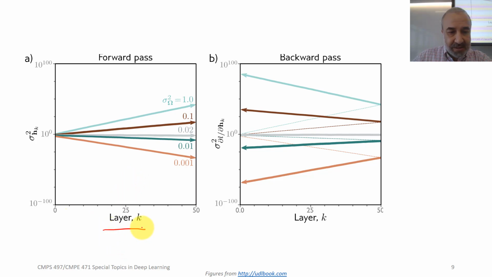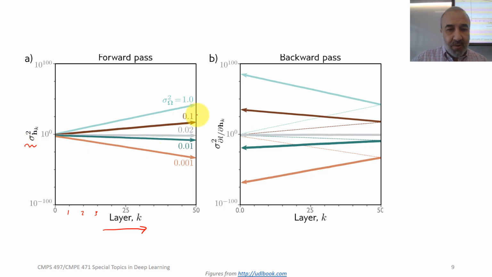This axis indicates the number of layers. So this is layer number 1, layer number 2, layer number 3, and so on until 50. On the y-axis we are measuring the variance of the hidden units, which is like the values of the hidden units at each layer.